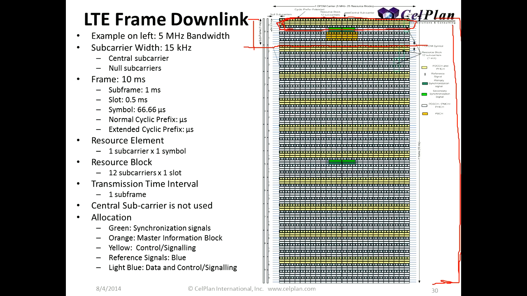Now, the mapping is not only done for the downlink, it's also done for the uplink, because in the yellow area the eNodeB specifies what should be sent by the UE in the uplink 4 frames later.